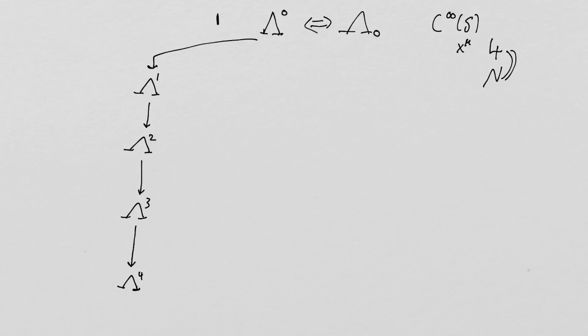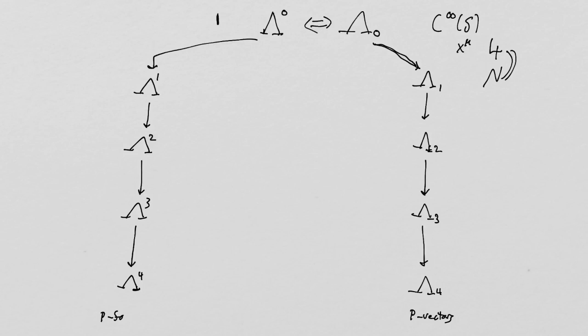And then over here, I guess we have this first exterior power, this second exterior power, the third exterior power, and the fourth exterior power, right? And these, of course, are going to be P vectors, and these are going to be sets of P forms. So now we know that the dimensionality of these is the same.